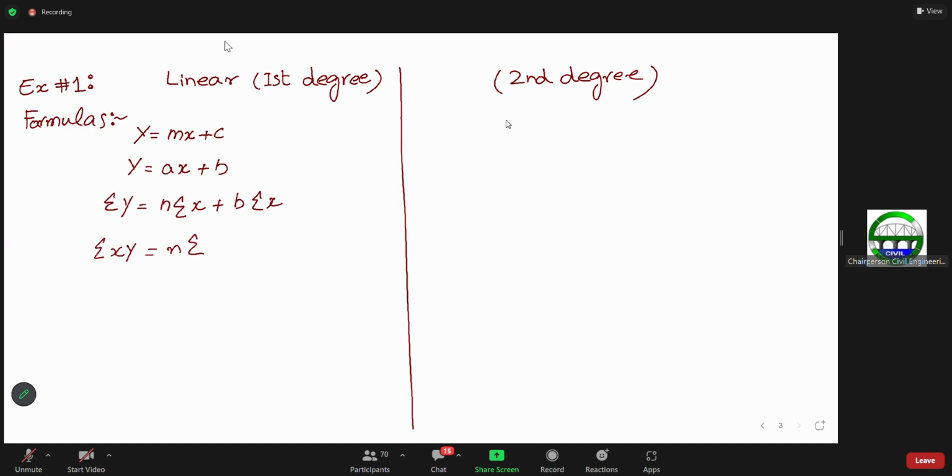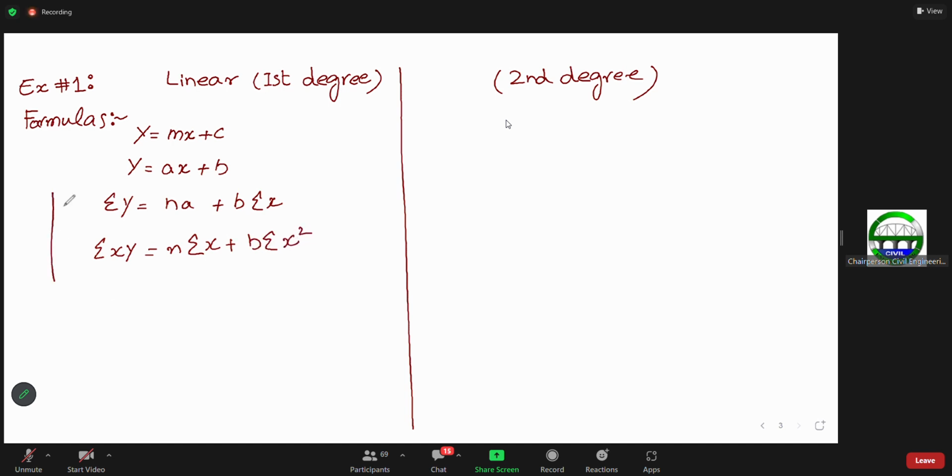Sorry, where is my eraser? Okay, it will be a sigma x, and this one will be plus b into sigma x squared.